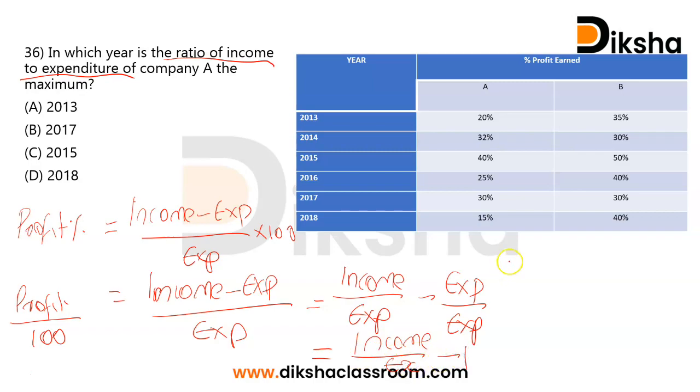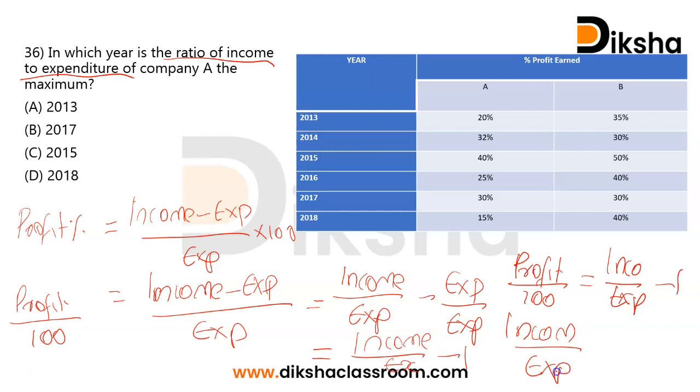So we have profit by 100 equal to income by expenditure minus 1, from which we get income by expenditure equals profit by 100 plus 1.